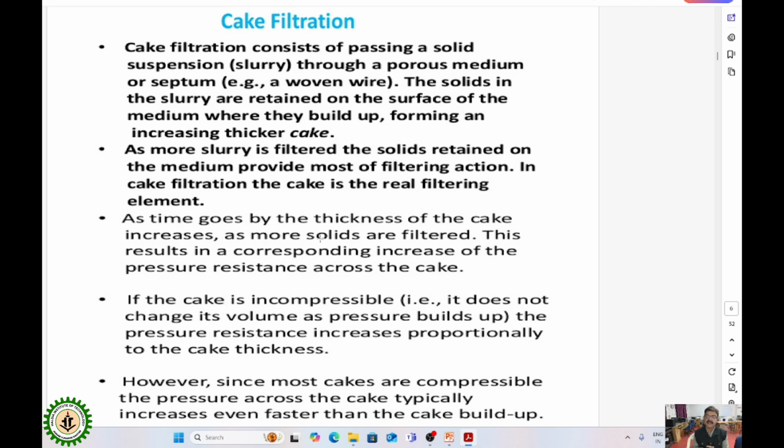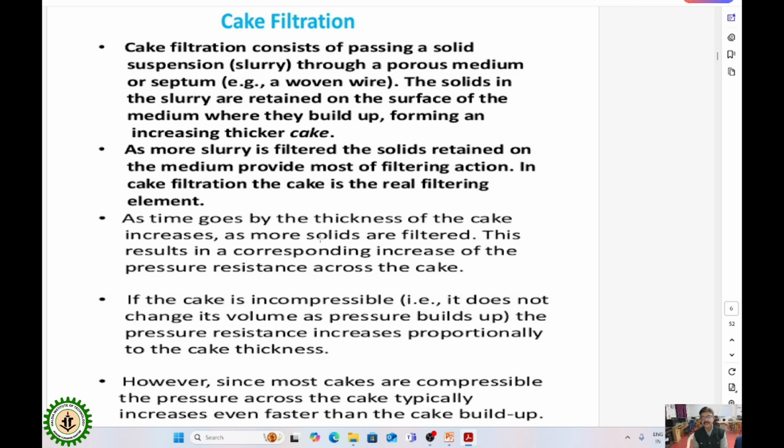As time goes by, the thickness of the cake increases. As more solids are filtered, this results in a corresponding increase of the pressure resistance across the cake. If the cake is incompressible, it does not change its volume as pressure builds up. This is the characteristic of the incompressible cake.